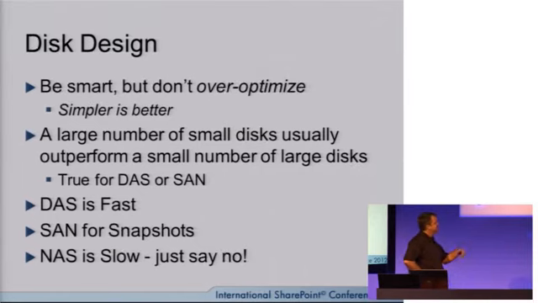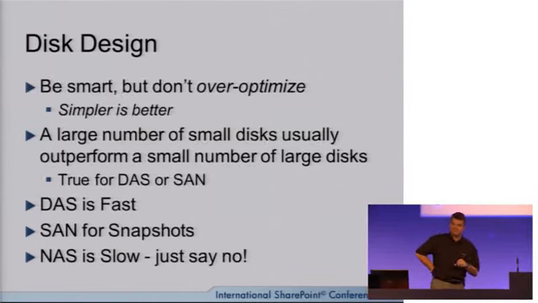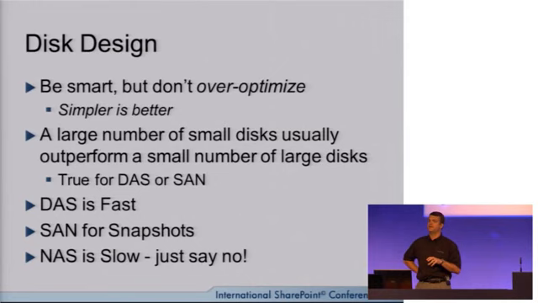All right. So basically, a large number of small disks is usually much faster than a small number of large disks. All right, so I'll let that sink in just a second. A lot of times with SharePoint, especially with search, user profile, very busy websites and those content databases, we will hit the capacity or the threshold on moving content on and off the disk before we reach anywhere near capacity.